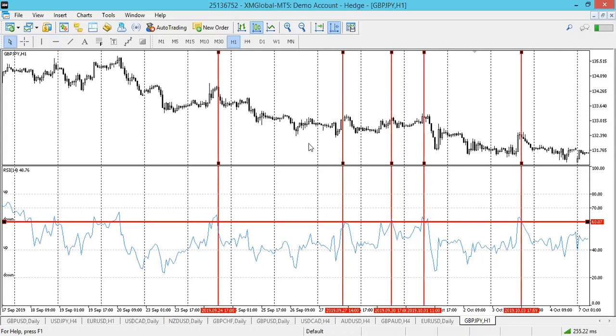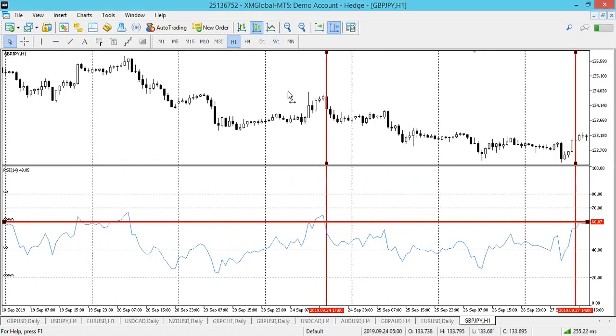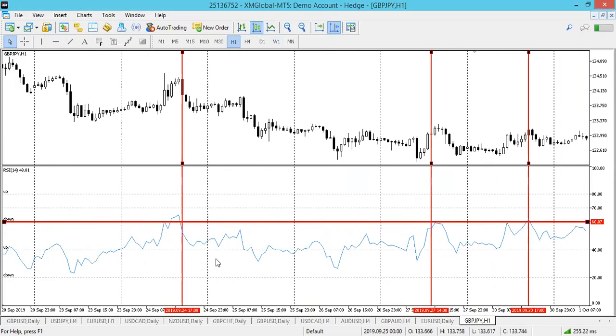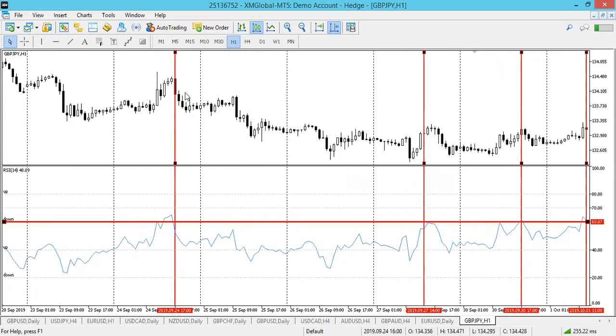So if you check it out, makikita niyo na there's actually a couple of entries that we could have gotten using the oversold levels. If we used 70, wala tayong nakuha ni isa diyan. Pero kung ginamit natin 60, that might have been better.